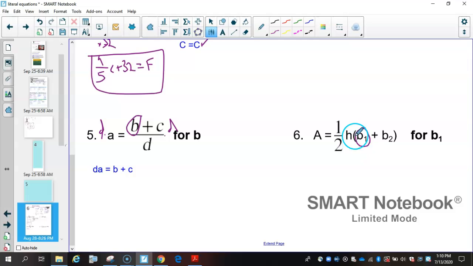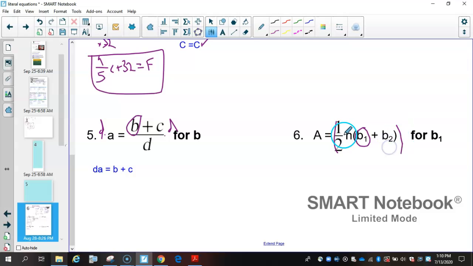Now, 1/2 and H are being multiplied to this, so you would think to divide, but when you divide fractions, what ends up happening is you end up multiplying by the reciprocal. So I'm going to do this in 2 different steps. I'm going to focus on the 1/2 first and then do the H. If we can multiply by the reciprocal anyway, I'm just going to go ahead and do that.